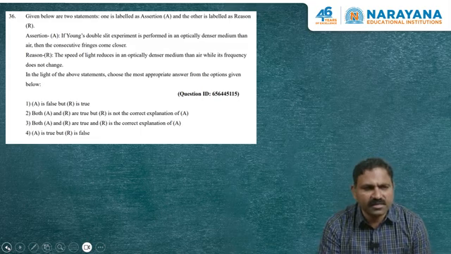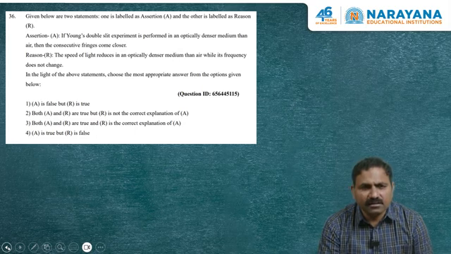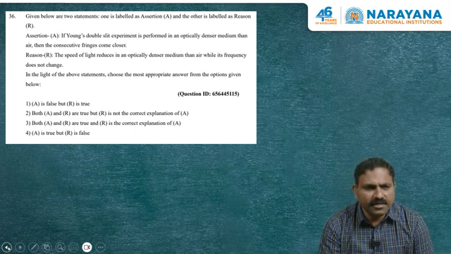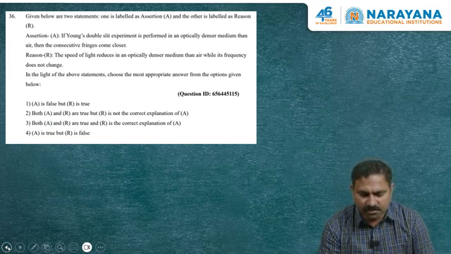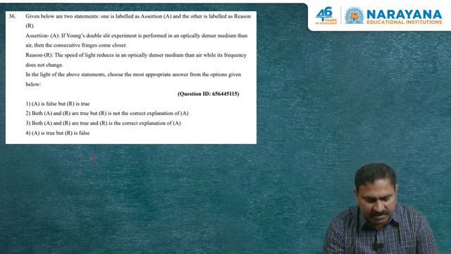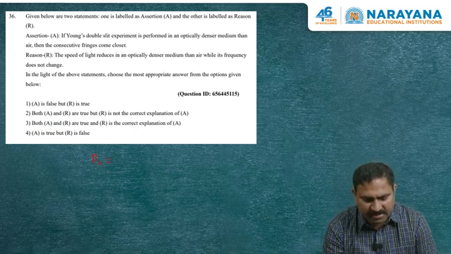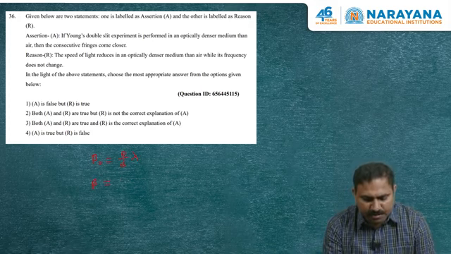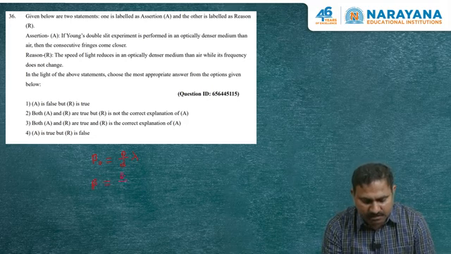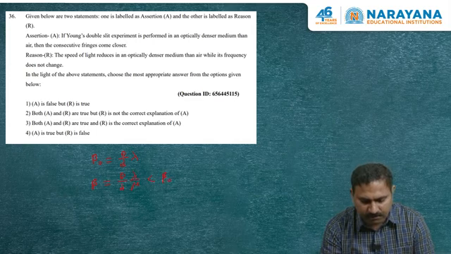Here first statement is in YDSE, in optically denser medium, consecutive fringes come closer. We know that fringe width in the normal YDSE is beta naught equal to D by d into lambda. Similarly, if it is kept in a medium of refractive index mu, it will be D by d into lambda by mu. It is clear this is less than beta naught.